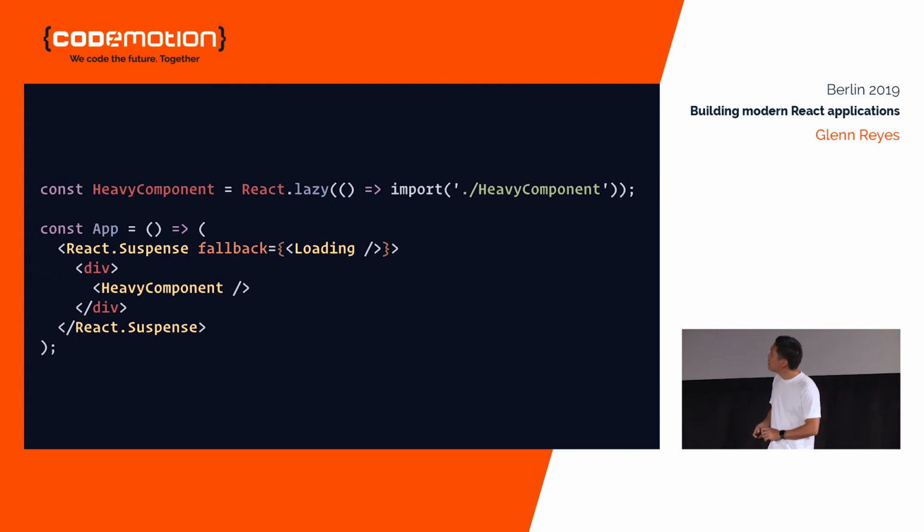You have your suspense wrapper, and in there you pass your fallback prop with, for example, a loading indicator, and while the heavy component is being loaded, you might eventually see the fallback element after a certain threshold.